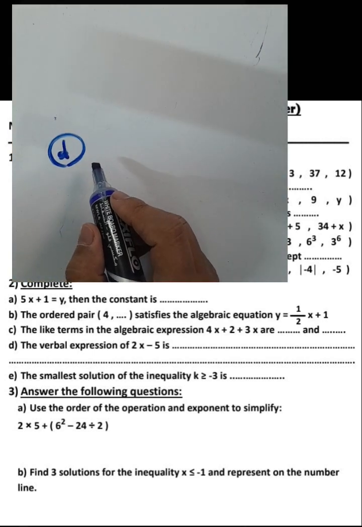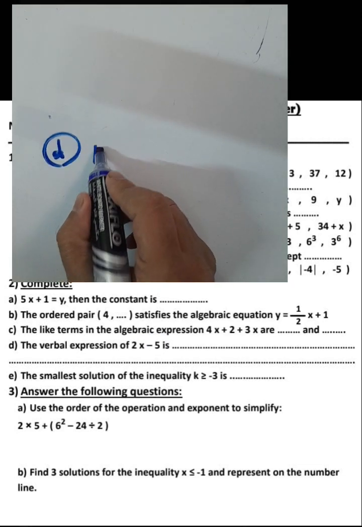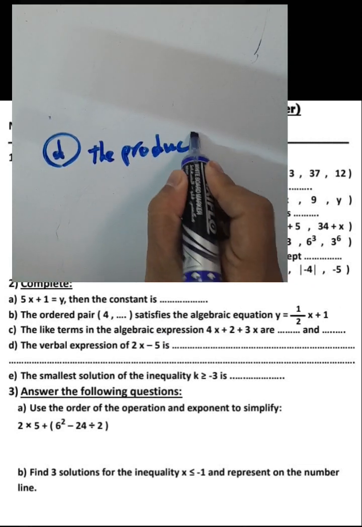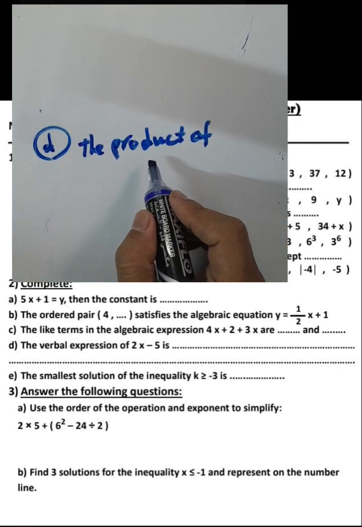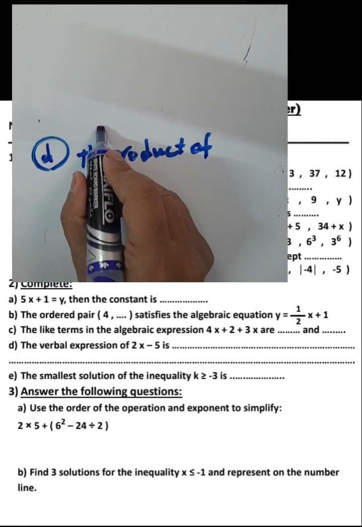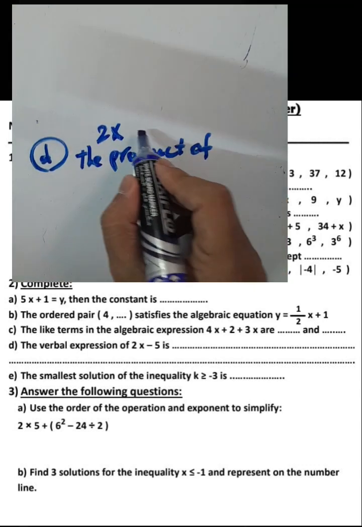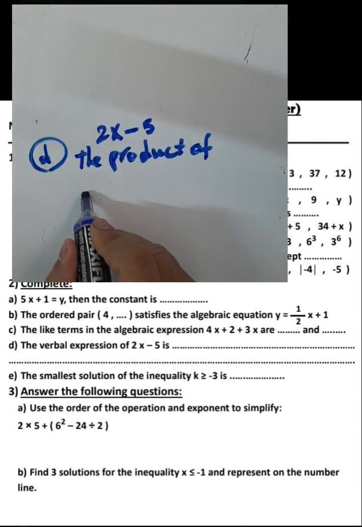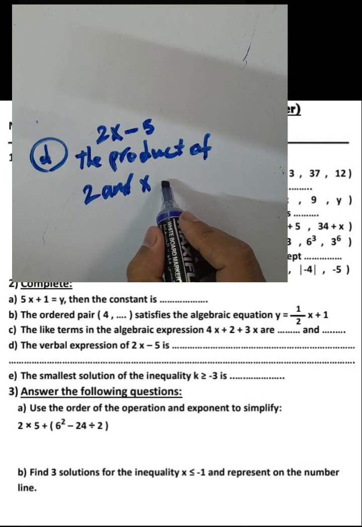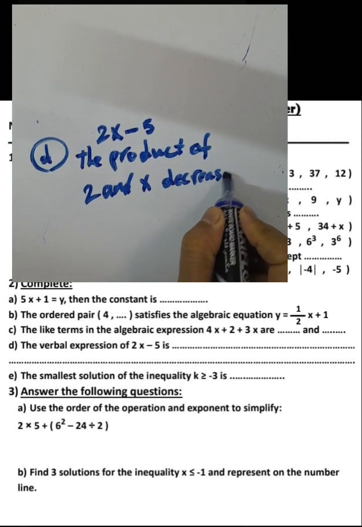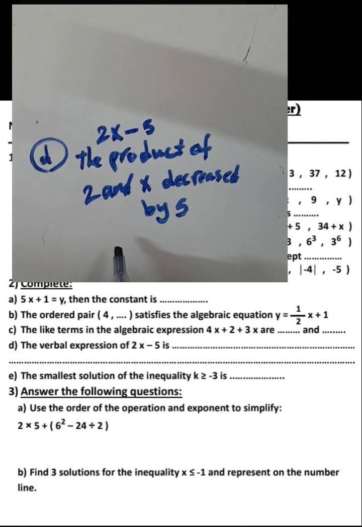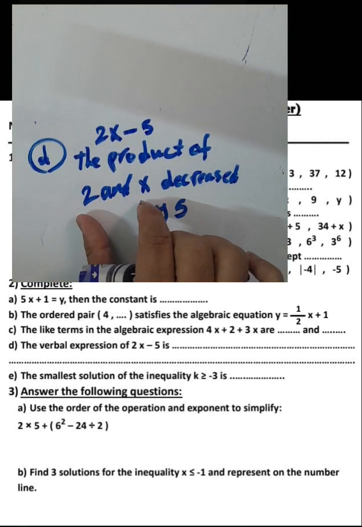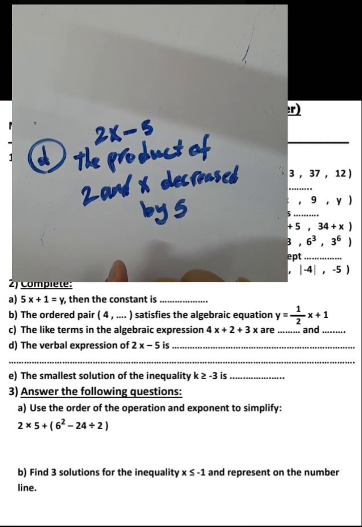Letter D, the verbal expression for 2x minus 5. We can write the product of 2 and x less 5, or the product of 2 and x decreased by 5.